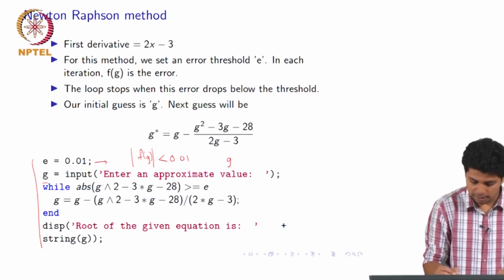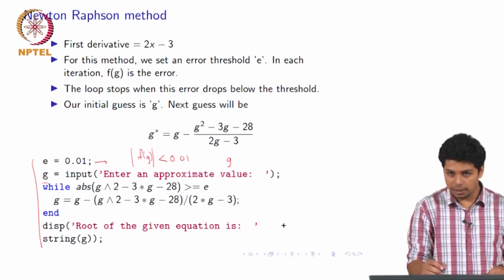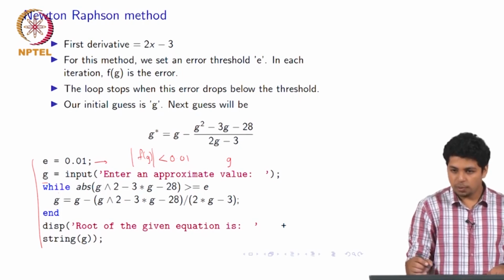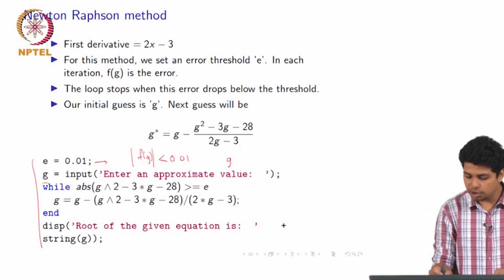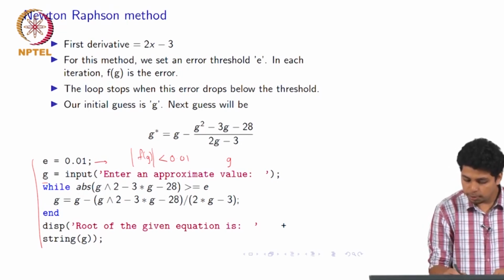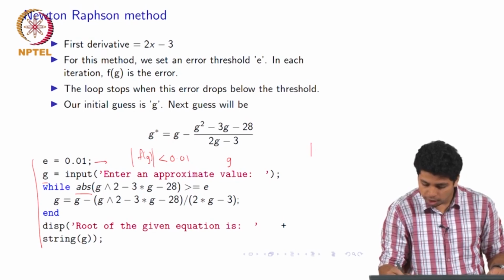Then we put a while statement. So remember, the condition that you put for while is such that when the condition is false, the execution stops. So we put a condition which is true, right? So we put the absolute value. The way we enter mod of x in Matlab is we would use the function abs of x. This will give us the mod of x.